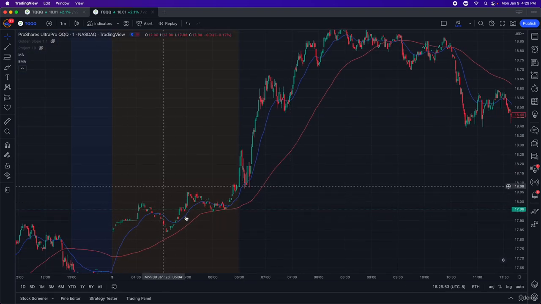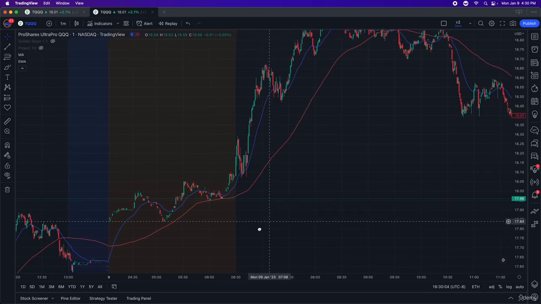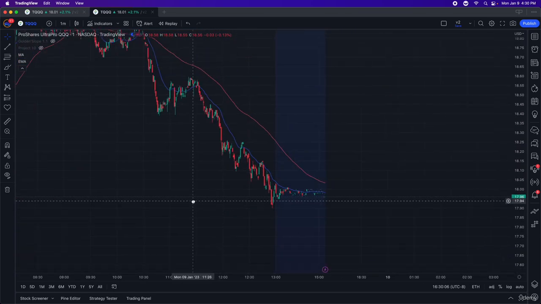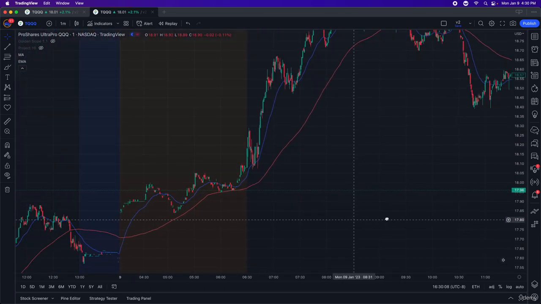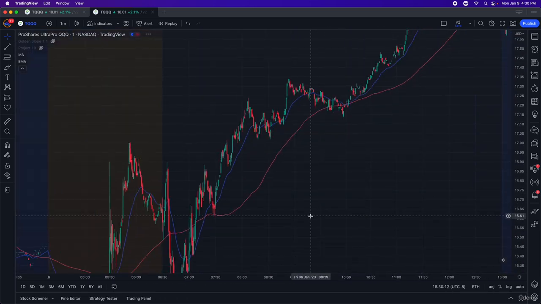But the first 30 minutes, or pre-market essentially, you definitely don't want to touch this. If you see the EMA going over the MA, you maybe want to stand out, you maybe want to wait. Okay, so that's just the point I'm trying to make: be careful with this, because it can be a little bit misleading.